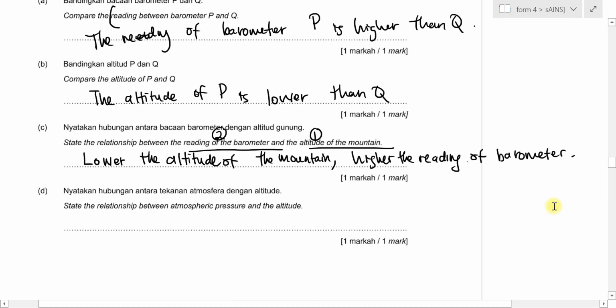Next question. State the relationship between the atmospheric pressure and altitude. Same question, just replace the reading of barometer. The reading of barometer is actually measuring the atmospheric pressure.